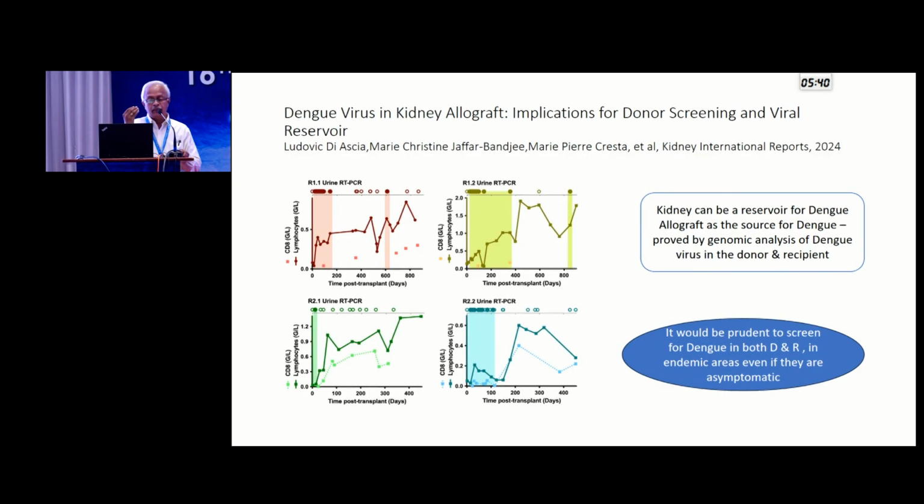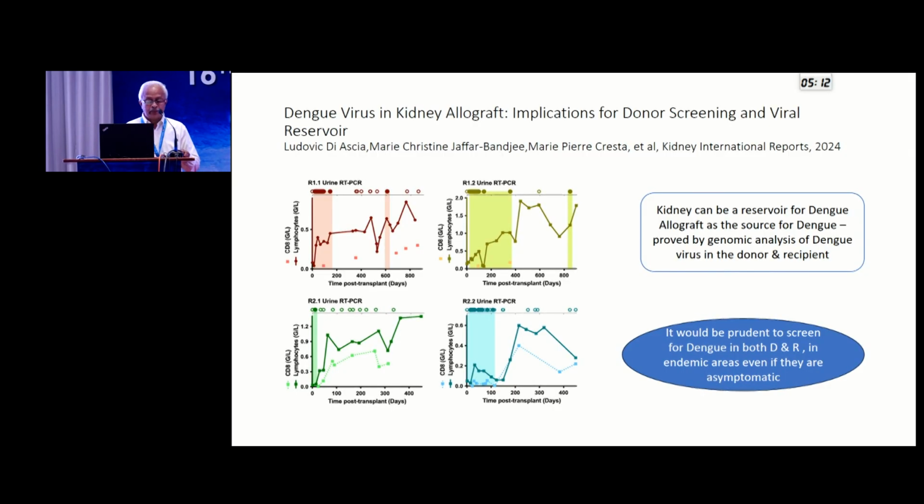R11 and R12 received the kidneys from the same donor, and R21 and R22 received kidneys from the second donor. These authors proved that the source of dengue in these recipients was the donors. By doing genomic analysis, they proved that. And they also proposed the hypothesis that the kidney can be a reservoir for dengue.